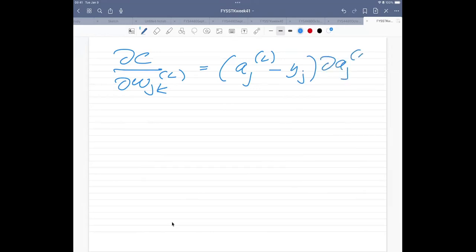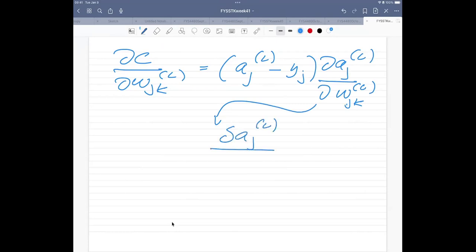I have Aj, and this is multiplied with, so what I'm going to get now is this wjk of L, but this is a quantity which I need to break up again. So this quantity there is actually delta Aj of L over dc j of L multiplied with dc j, final layer.